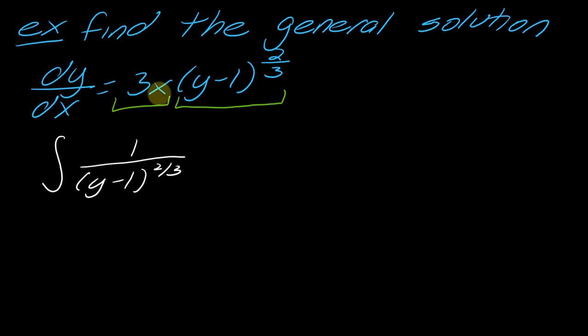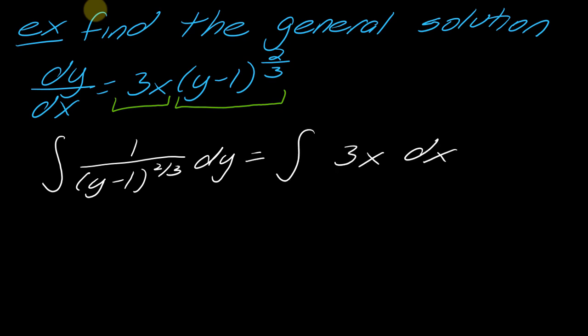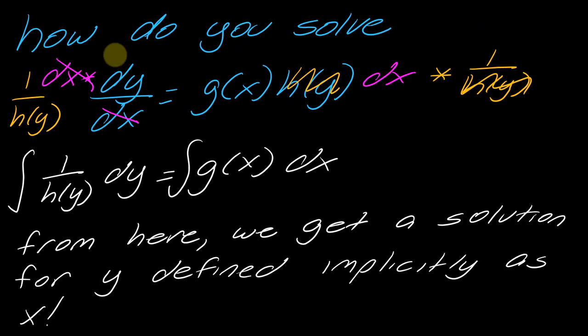I literally divided both sides by y minus 1 to the 2/3, and then this will be dy. On the other side, this will be 3x dx, because I brought dx over to the other side. And again, I saw in this more general example how to break that all up, so this was a really nice example to get us started here.